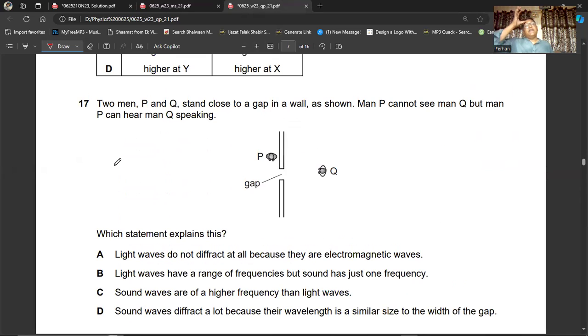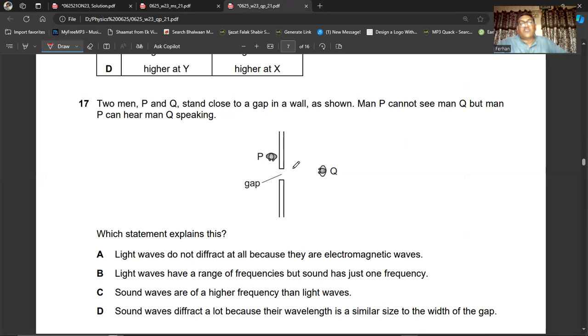He says two men, P and Q, stand close to a gap in a wall as shown. Man P cannot see man Q, but P can hear man Q speaking. Which statement explains this? P cannot see Q, but he can hear his voice.